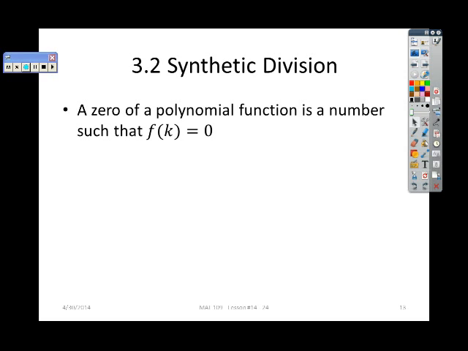So anytime you plug a number into a function and do the calculations and you wind up with zero for an answer, whatever number you plugged in is a zero of that function because it gives you zero for an answer. That means the remainder is zero. Or in other words, that x minus k divided evenly into that polynomial.